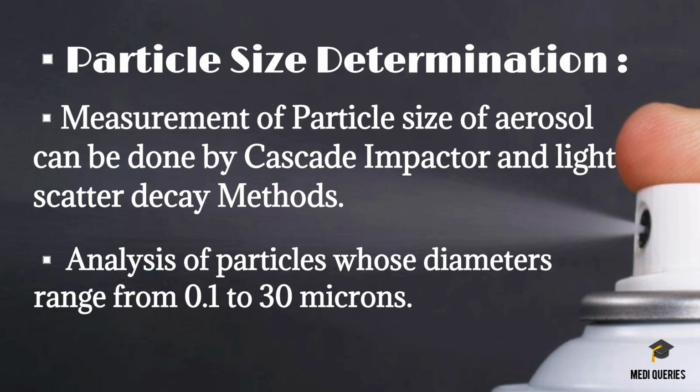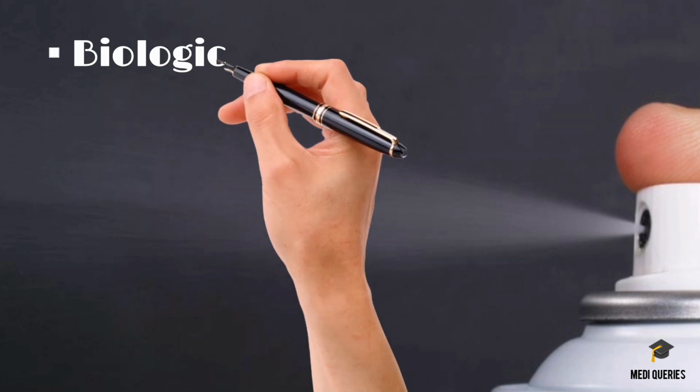The cascade impactor operates on the principle that in a stream of particles projected through a series of nozzles and glass slides at high velocity, the larger particles become impacted first on the lower velocity stages and the smaller particles pass on and are collected at higher velocity stages. A unit is suitable for the analysis of particles whose diameter ranges from 0.1 to 30 microns here.